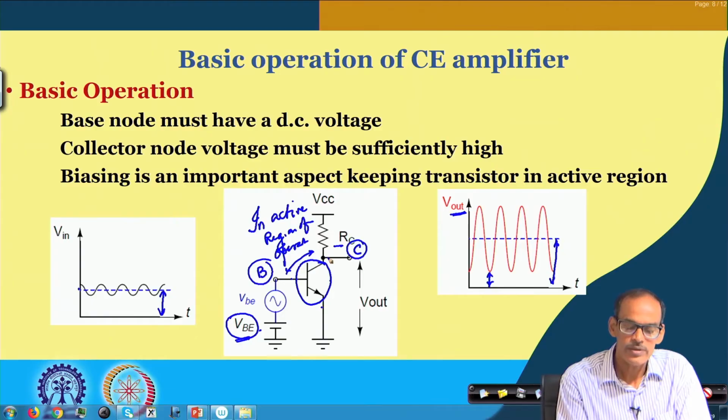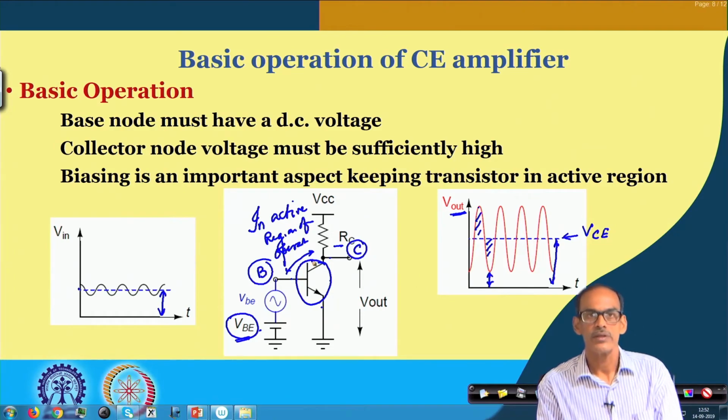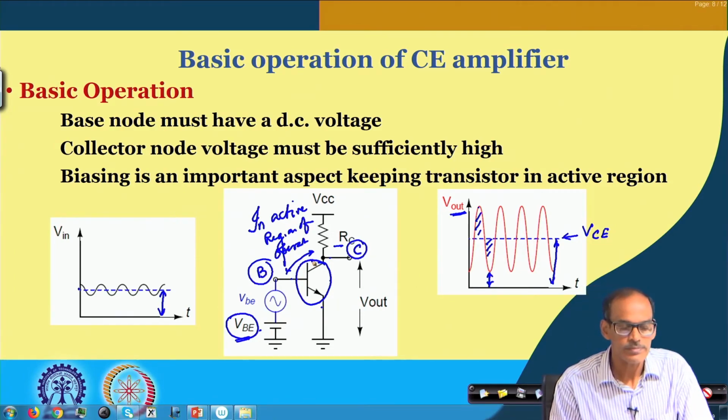Then the voltage we get here, namely capital VCE, should be sufficiently high, so that while the signal rides over that, even in this critical condition, the transistor remains in the active region of operation.